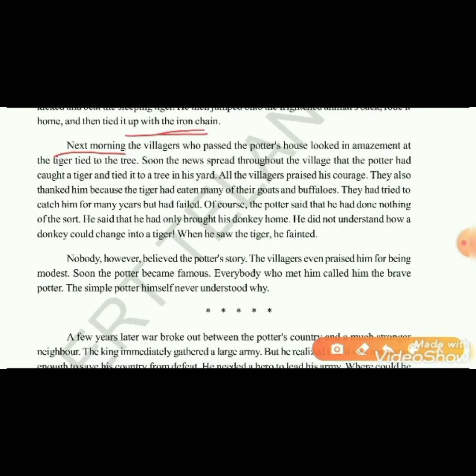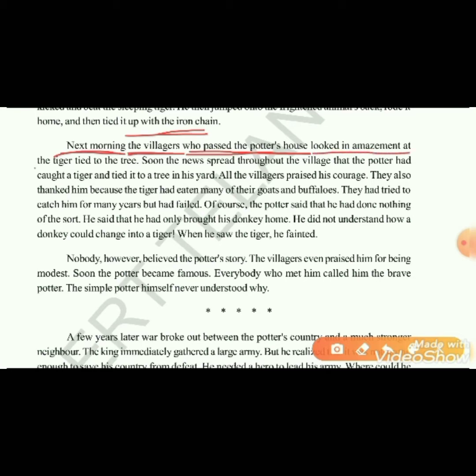Next morning, the villagers who passed the potter's house looked in amazement. The village people passing the potter's house found something abnormal, something unfamiliar, and really amusing.